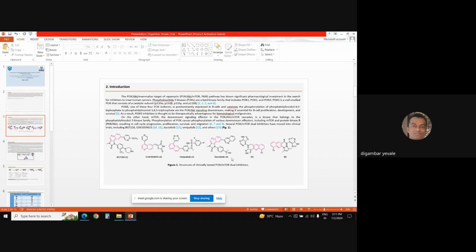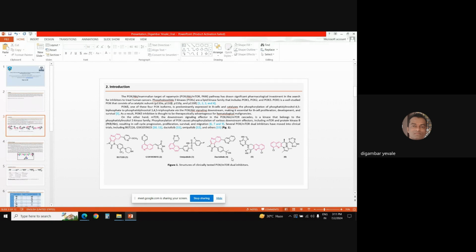It plays an important role inside the cell: cell proliferation, development of the cell, and cell survival. Any mutation in this PI3K delta during this process leads to cancer, that is lymphomatic cancer. And mTOR is the downstream signaling effector in the PI3K delta-AKT-mTOR cascade.